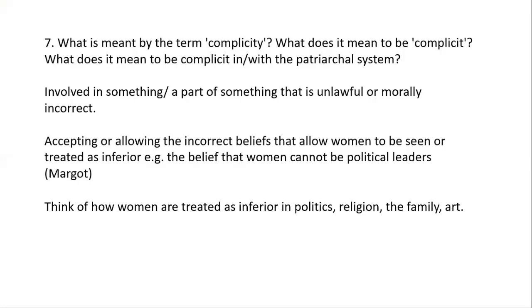So think of how women are treated as inferior in all these different spheres in society. So politics, religion, the family, and art. And then think of how this novel actually shows you how women subvert this inferior treatment. In politics, you have Margot. In religion, you have Ali, or as she's called, Eve.